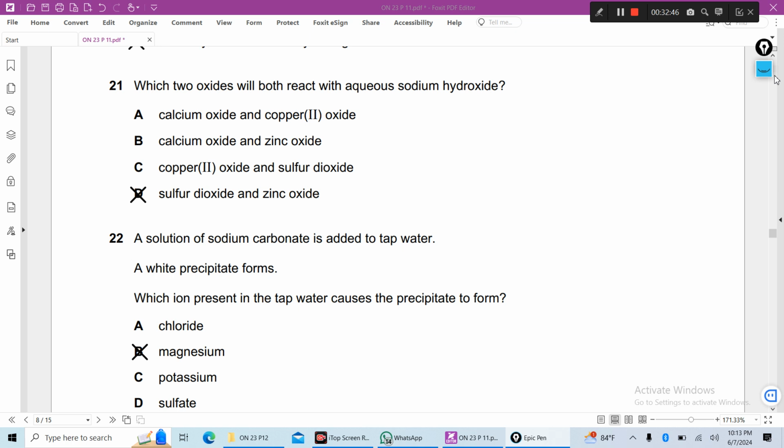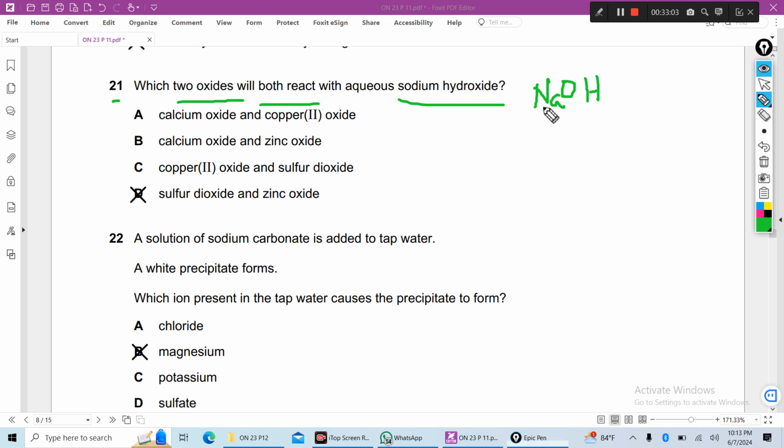Then number 21, which two oxides will both react with aqueous sodium hydroxide? Sodium hydroxide is an alkali. Sulfur dioxide is an acidic oxide. Acidic oxide reacts with alkali, sodium hydroxide. This is true.